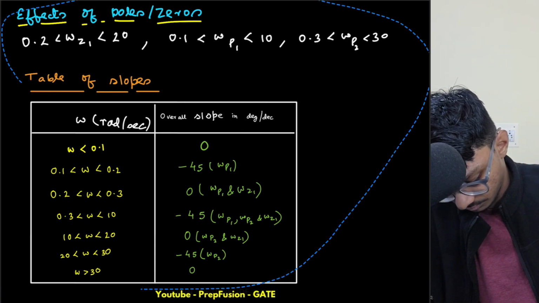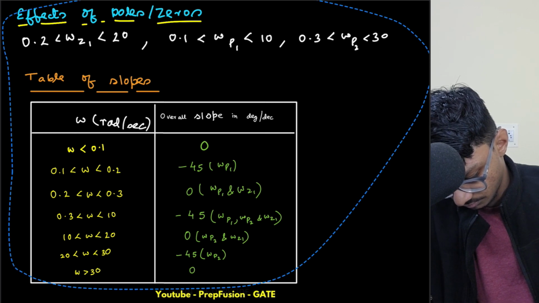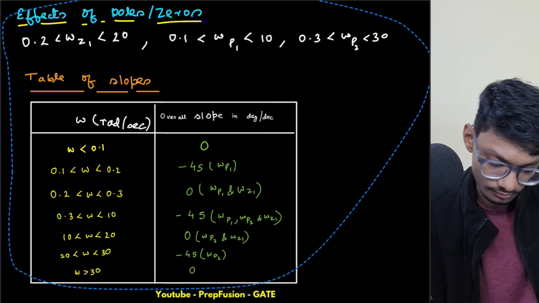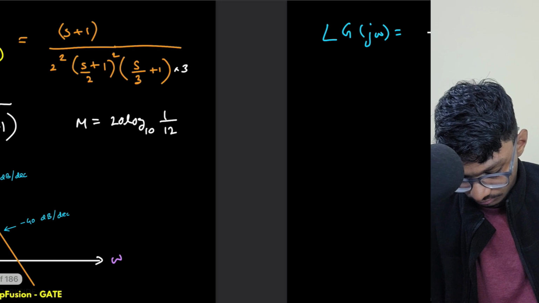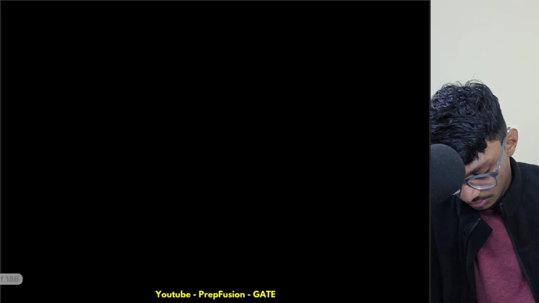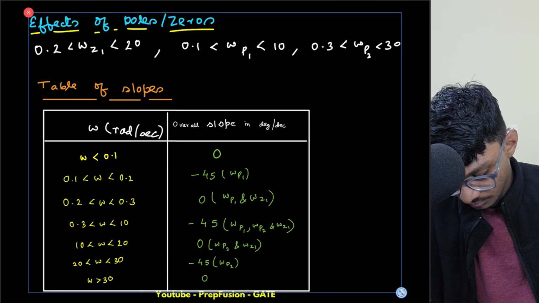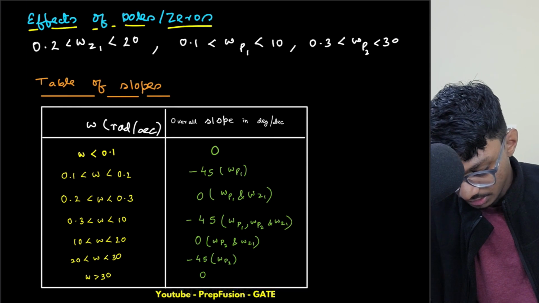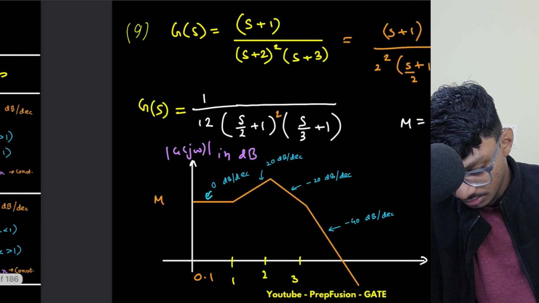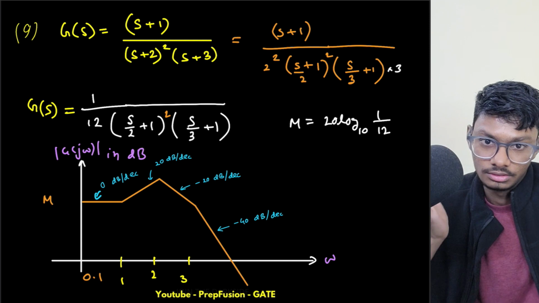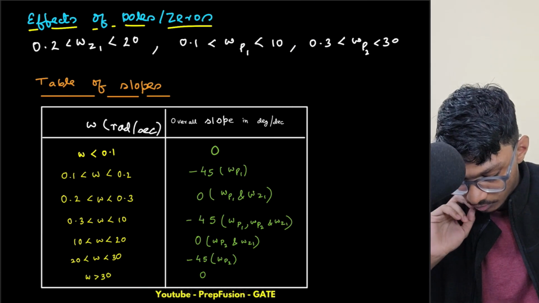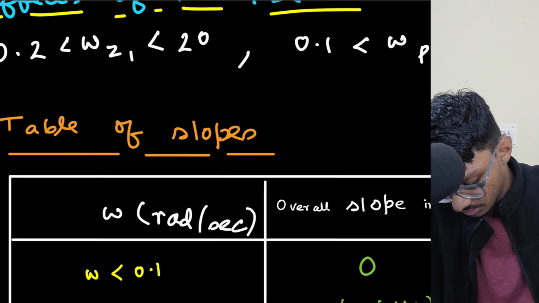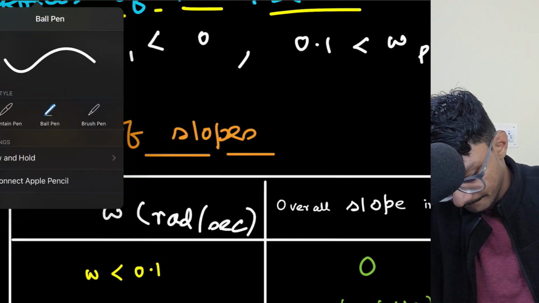So what are my important frequencies here? Obviously my important frequencies are 0.1 to 10. So I have a 0 at 0.1 to 10, not this one.